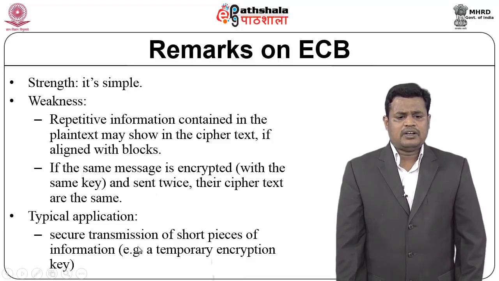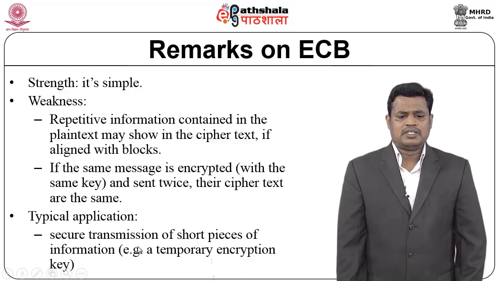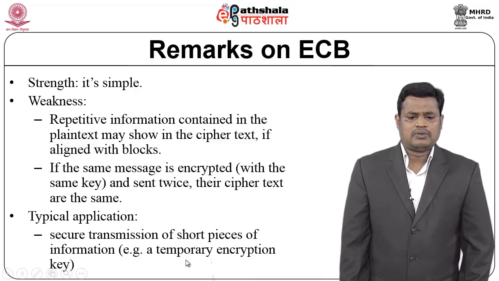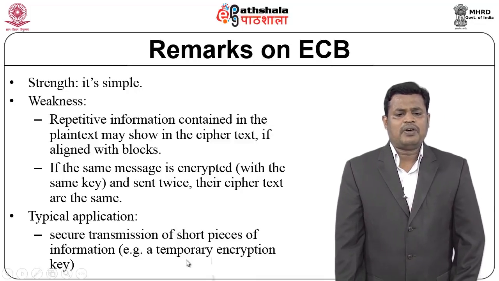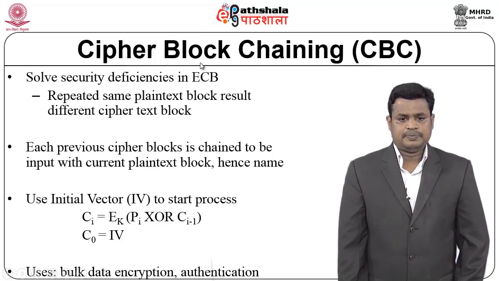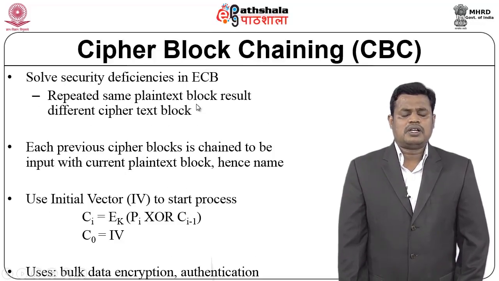The application of ECB is where I want to send a short piece of information with some kind of temporary encryption key; during that time I can go for ECB. Next comes cipher block chaining, which overcomes the deficiency of ECB. What is the deficiency?